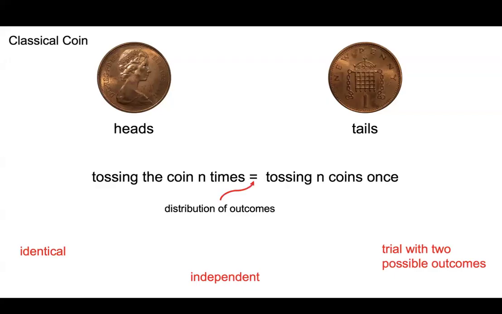Note that we consider the experiment in which a single coin is tossed n times the same as one in which n coins are tossed once in terms of distribution of outcomes. The probability distribution of the outcomes is given in this case by the binomial distribution.